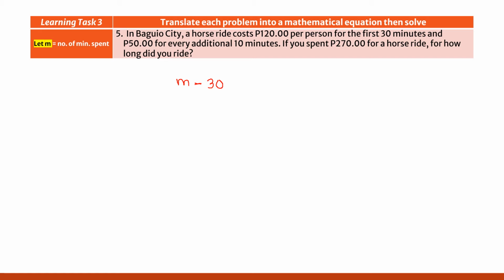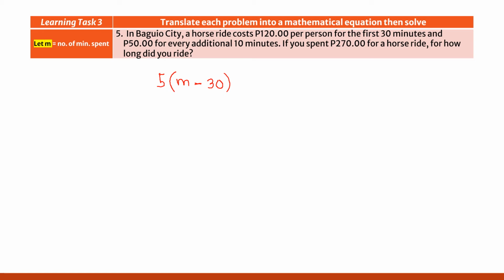So if that is our case, itong number of minutes na to, yung M minus 30, imumultiply natin sa 5 pesos. Okay? Para na sa ganun, makompute natin mamaya. At syempre pa, dahil siguradong nagbayad ka na ng 120 pesos. Oh, by the way, ito yung magiging computation dun sa additional number of minutes natin.